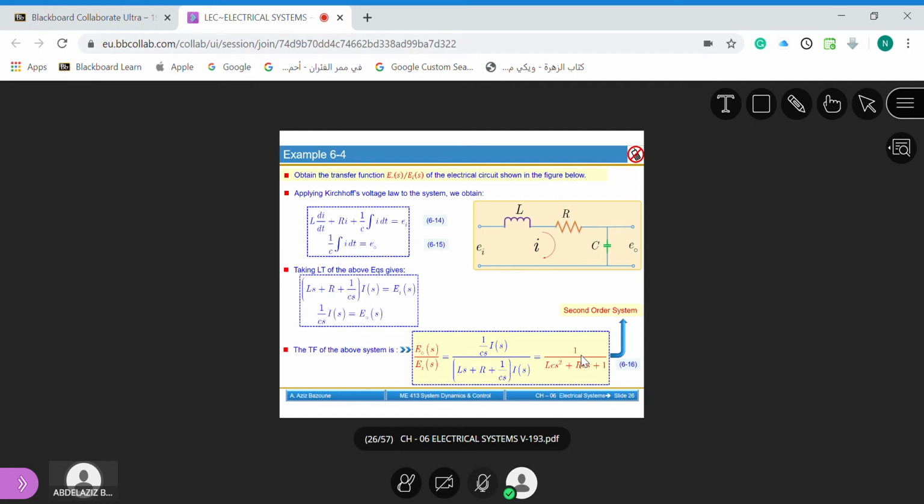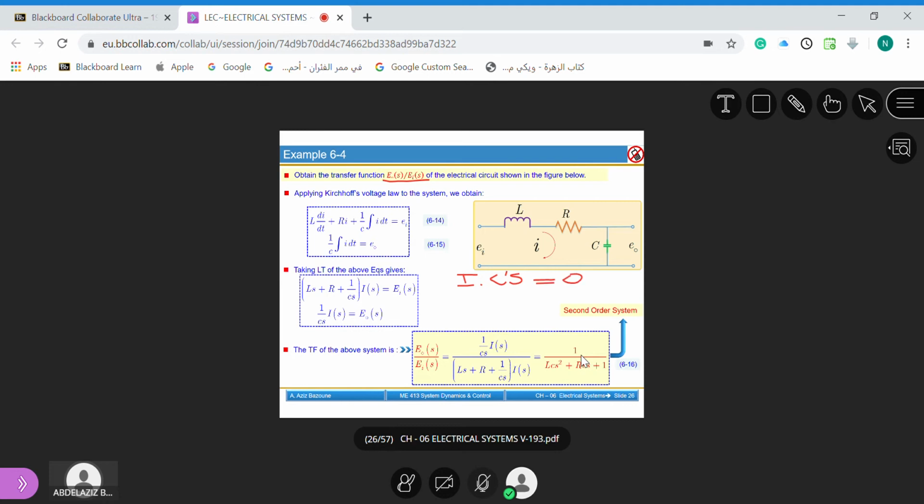In the same way, we take the Laplace transform of both sides, provided, Shabab, that always when we are looking for the transfer function, all the initial conditions are 0. It goes without saying. Initial conditions are always 0 when we take the Laplace transform or when we are looking for the transfer function.